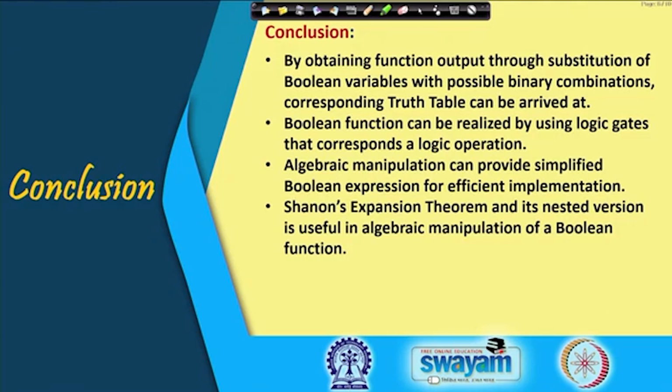And any Boolean function given to us, we can realize it using logic gates by getting those logic gates which correspond to a specific logic operation. And algebraic manipulation helps to get a simplified Boolean expression. Boolean algebra comes very handy in that, and Shannon's expansion theorem and its nested version is useful in algebraic manipulation of a Boolean function.